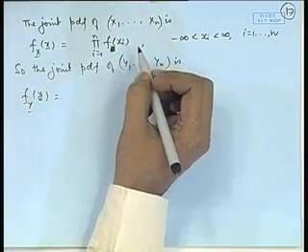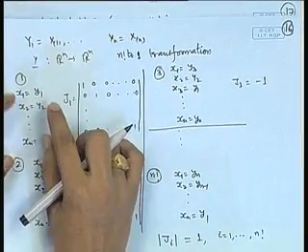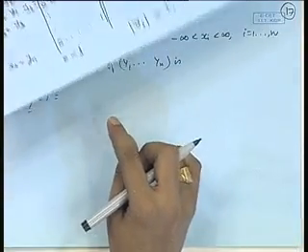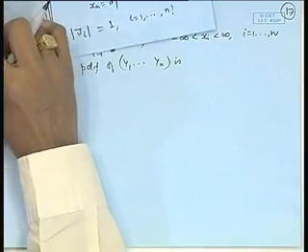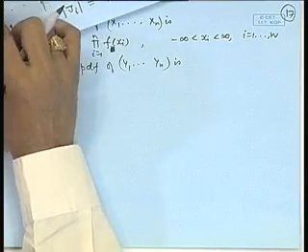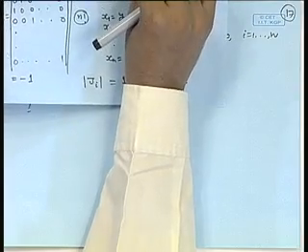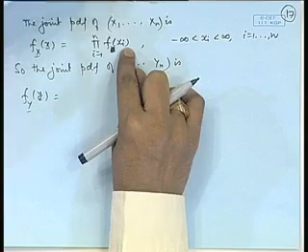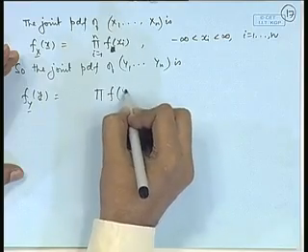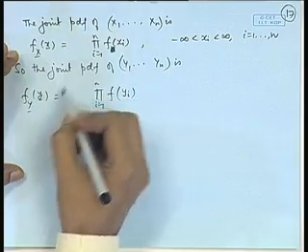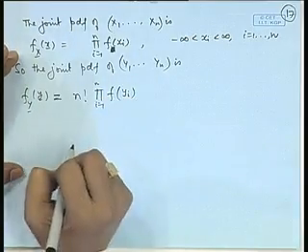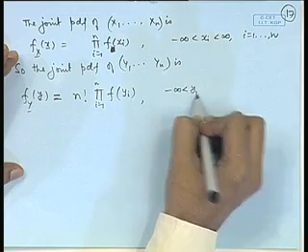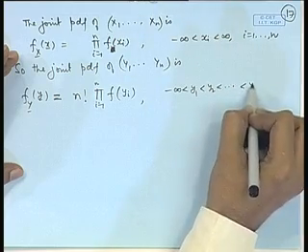In the first region we will substitute xi is equal to yi, multiply by 1. In the second region we will multiply by 1 and substitute x1 is equal to y2, x2 is equal to y1, etc. Notice here that in each of the cases it is only a permutation of y1, y2, ..., yn. Since it is the product of all these terms, it will always give the total product of f of y1, f of y2, ..., f of yn. So, this becomes the product of f of yi, i equal to 1 to n, and we have n factorial regions. So, it is n factorial times this, and the region is y1 less than y2 less than ... less than yn.